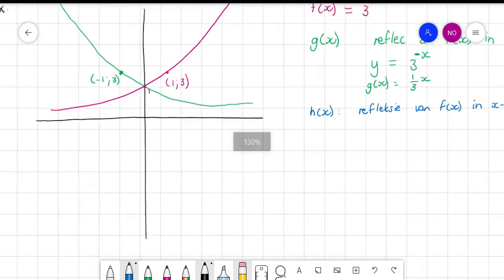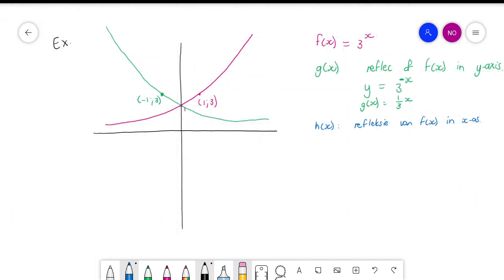Okay, and we look at the pink graph because they're saying the reflection of f of x. So you're not reflecting the green one, we're reflecting the pink one. And it looks something like this.